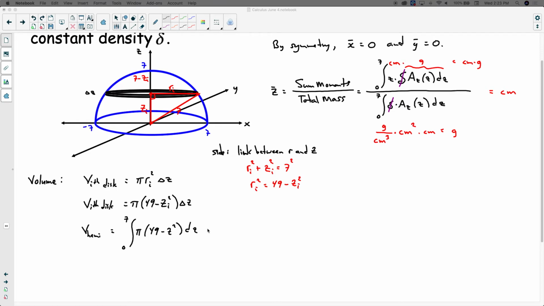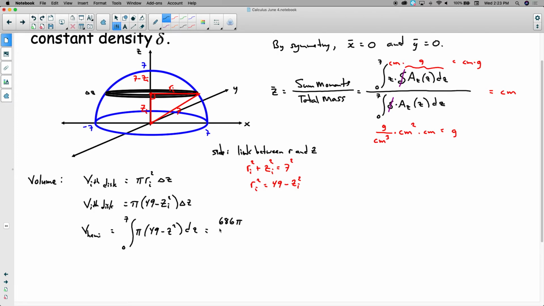Okay, so on this problem, unlike what I'm going to do on the next problem, I'm going to use the calculator, and let's see, I've typed that whole thing in, and it's 686 pi over 3. Okay, so that is my current denominator for z bar.